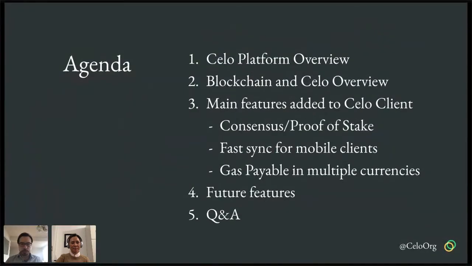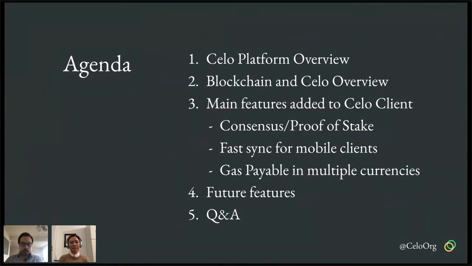Yeah. So for this talk, I am going to give an overview of the Celo blockchain client. I am then going to do a code deep dive into some of the main features that we implemented for it. So the high-level agenda of this talk is that I'll give a high-level overview of blockchain clients in general, and as part of that, I'm going to touch a bit on the Ethereum client.